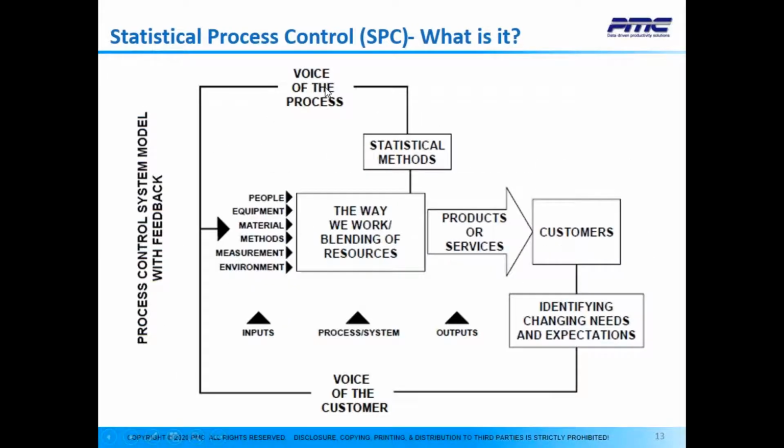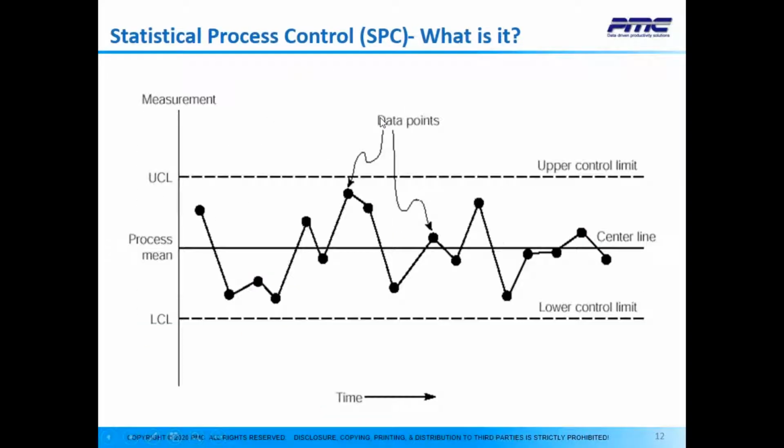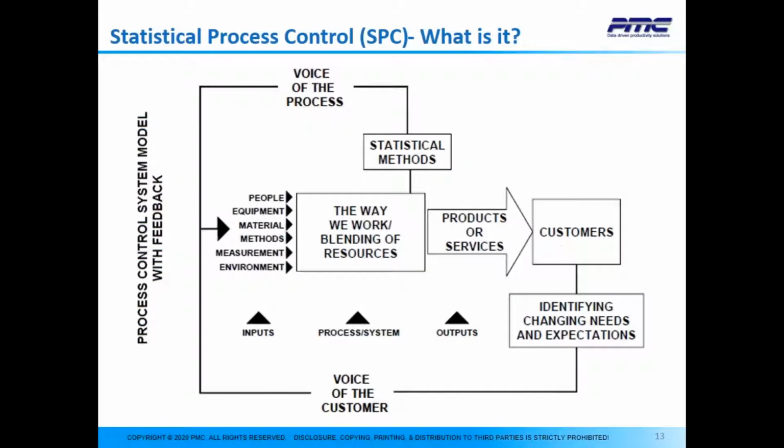So now that we know the structure of a control chart, SPC is a method of measuring and controlling quality by monitoring the manufacturing process. Quality data is collected in the form of product or process measurements or readings from various machines or instrumentation.